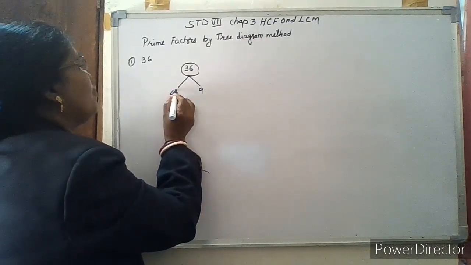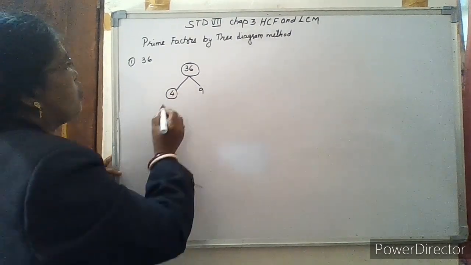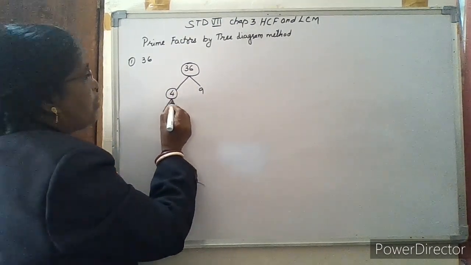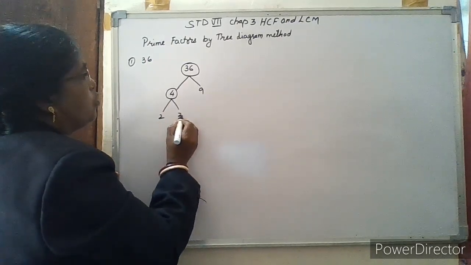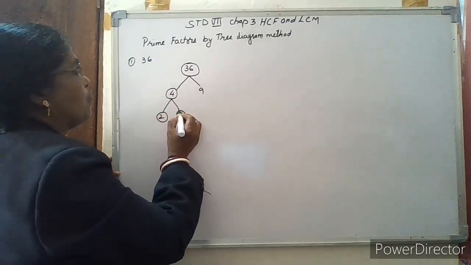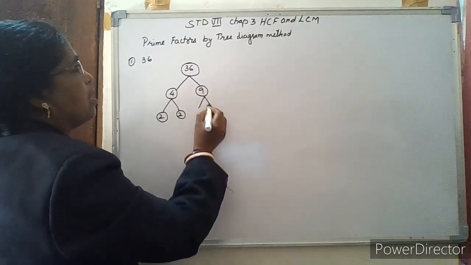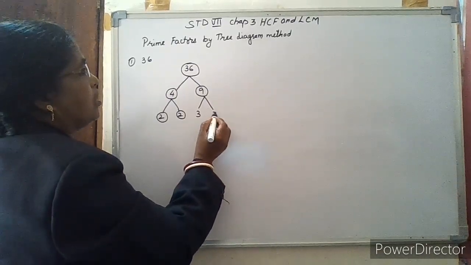Now this 4 is not a prime number, so this 4 can be factorized again as 2 twos are 4. The same way here, 9 can be factorized again as 3 threes are 9.